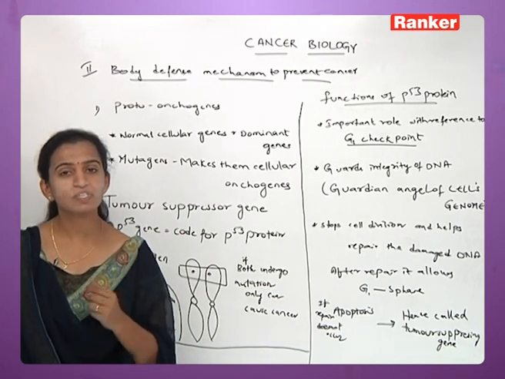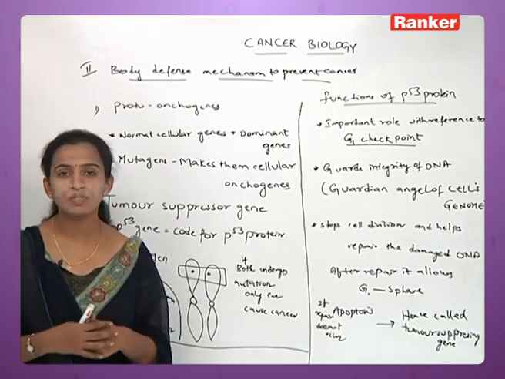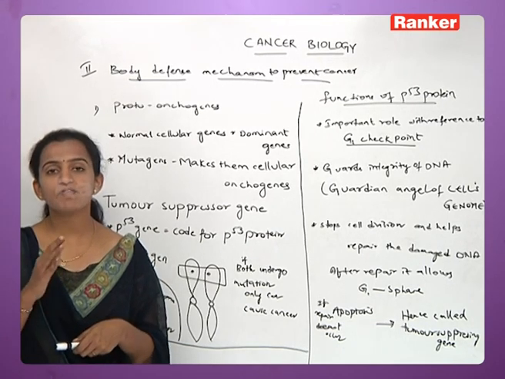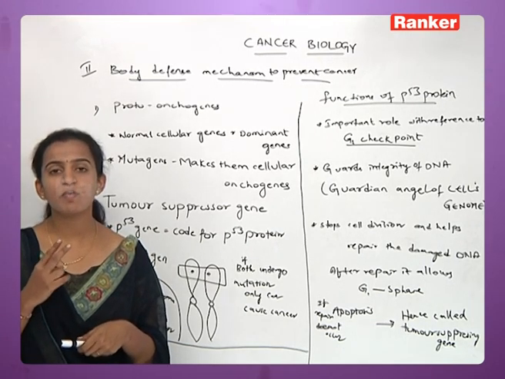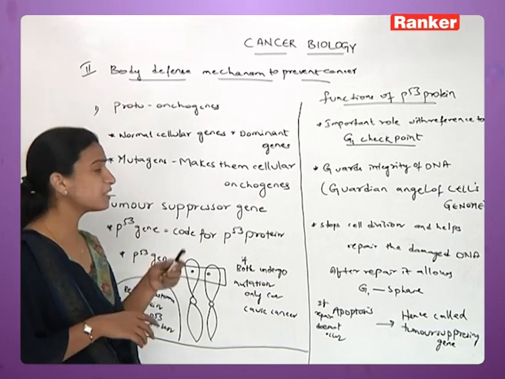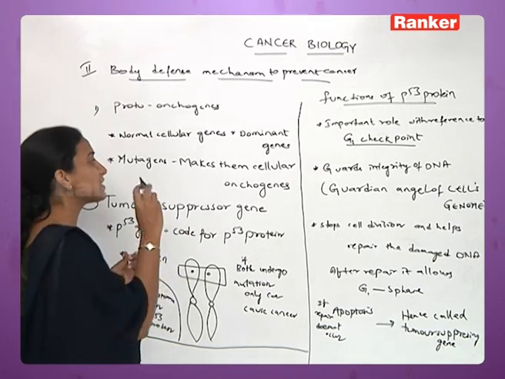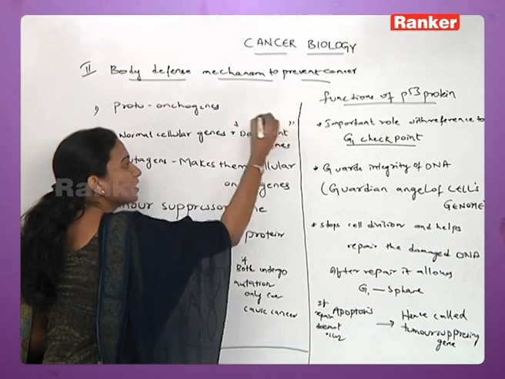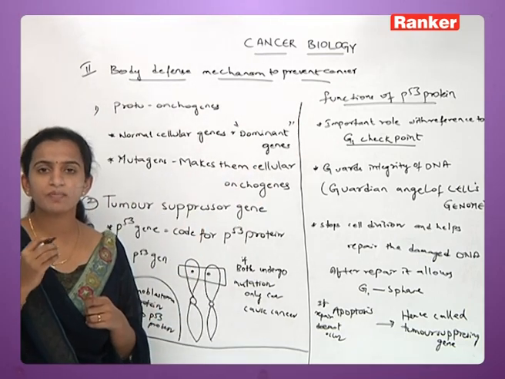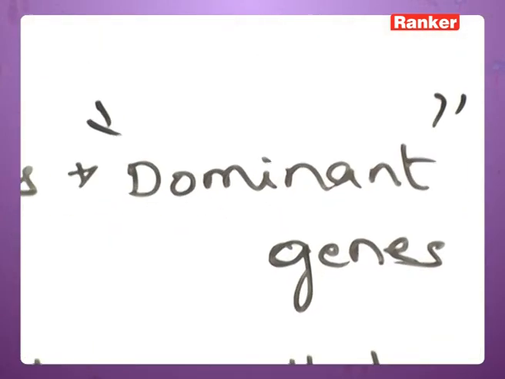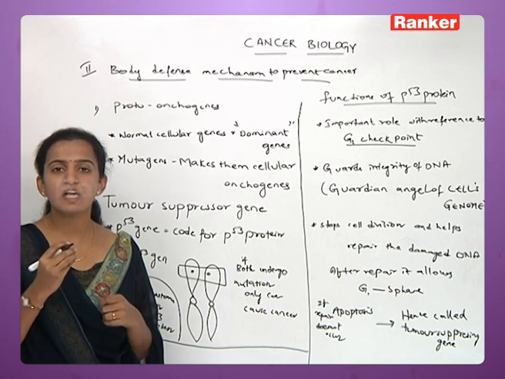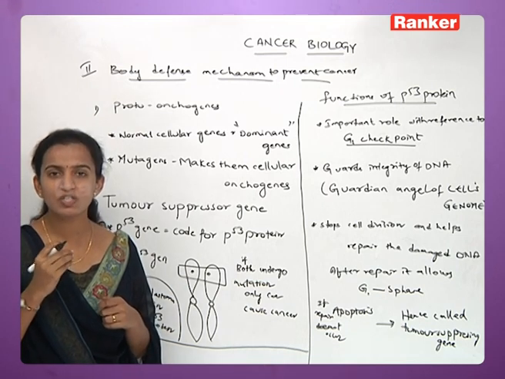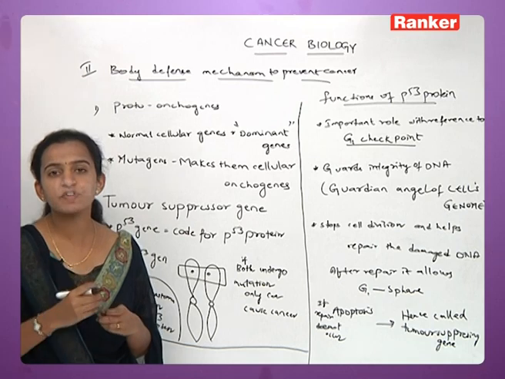What causes them to come into expression is this: every gene comes in the form of alleles. If there is any gene coding for some sort of cancer, and even one single dominant gene is present, it comes for expression.